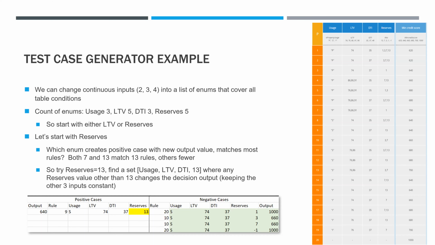So I picked usage S, LTV 74, and DTI 37 with output 640 for the positive test case, shown on the left here with the changing input reserves highlighted in yellow. And on the right are the 4 negative cases, all with output other than 640.